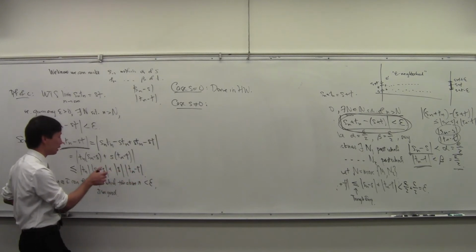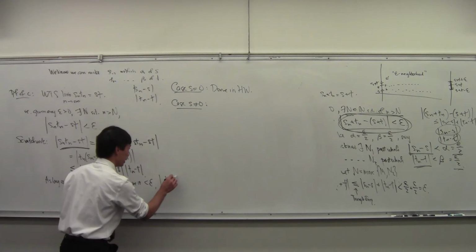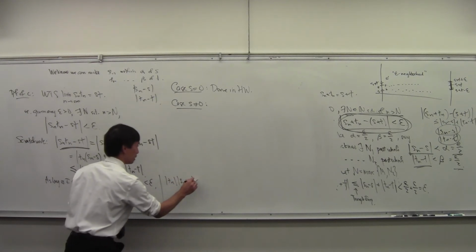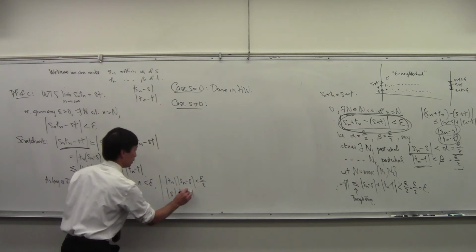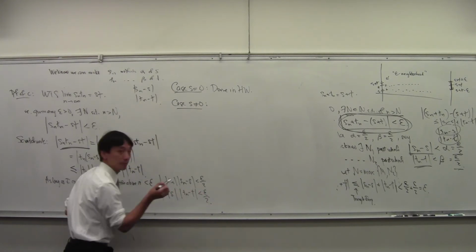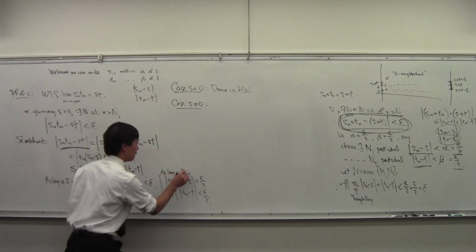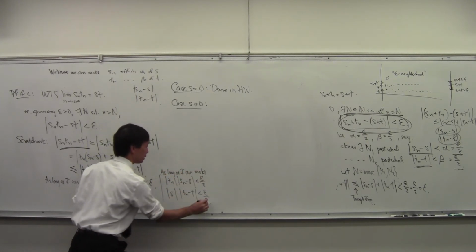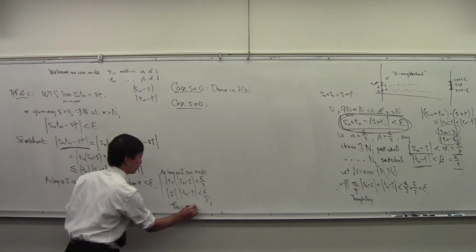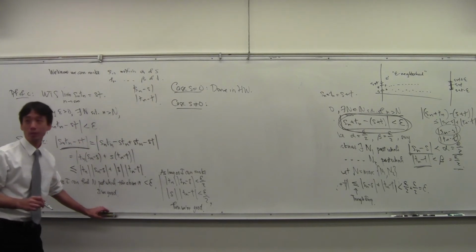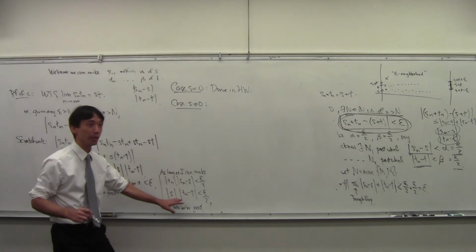So as long as I can make this smaller than epsilon over 2, and this smaller than epsilon over 2, then I'm good. Okay, so let's look at the lower one here.